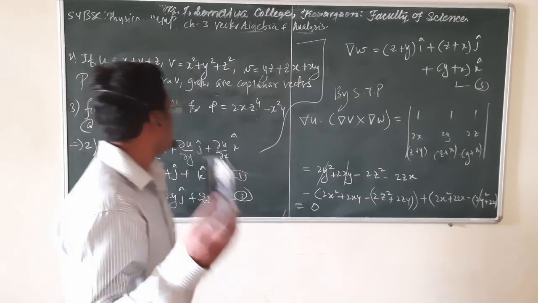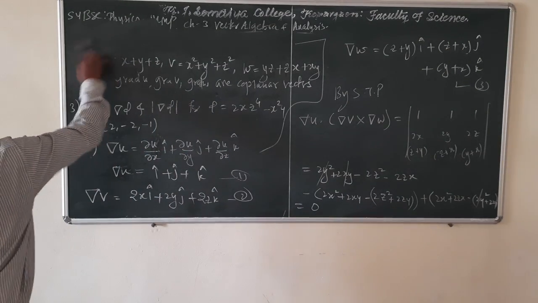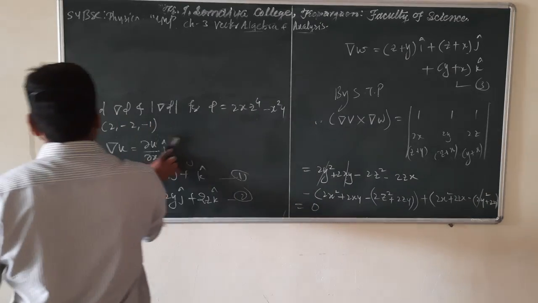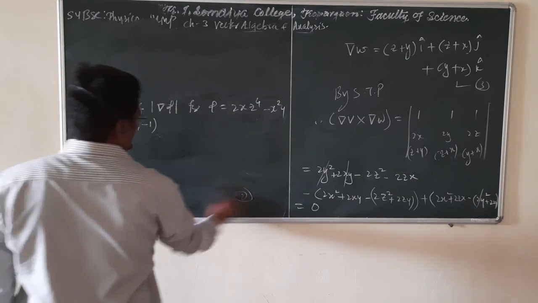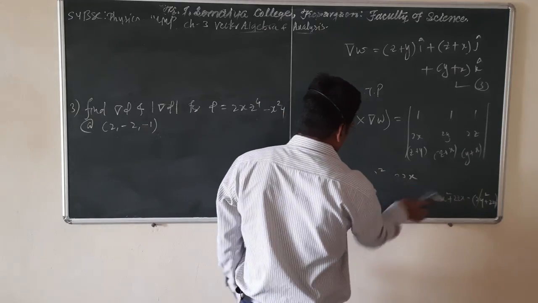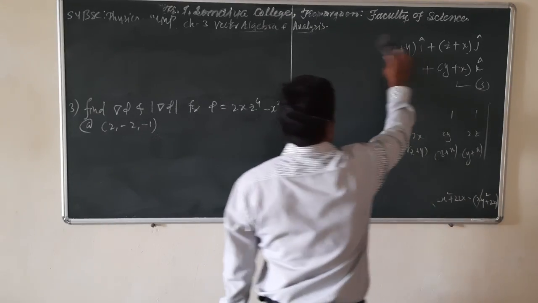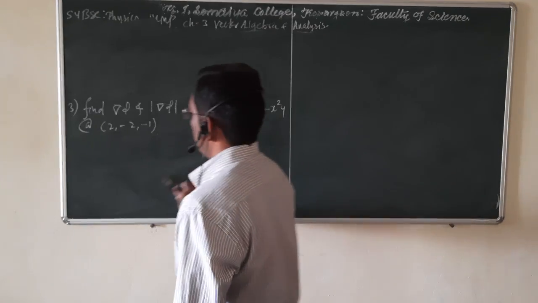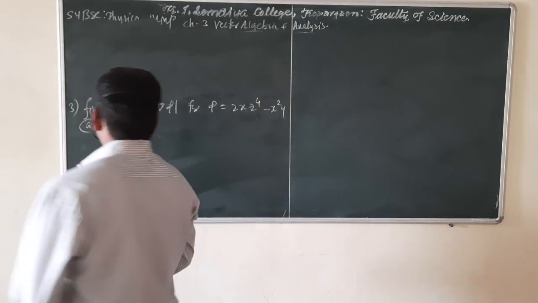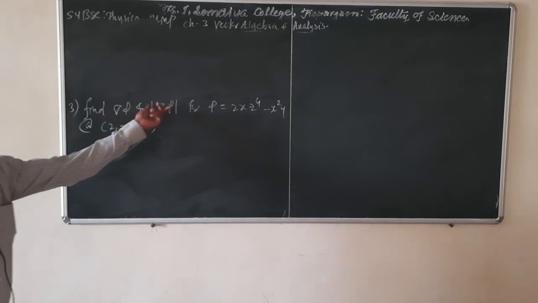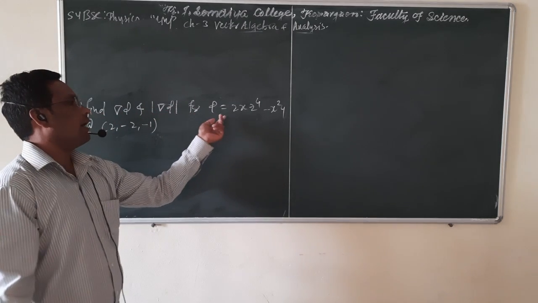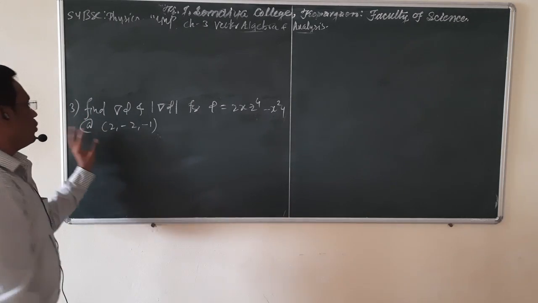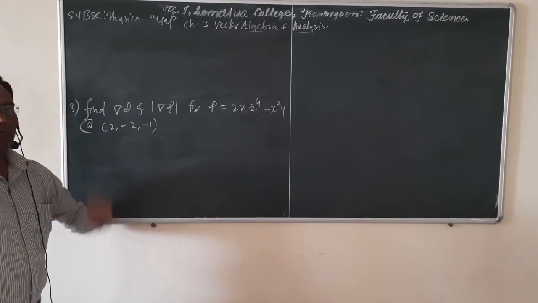Now the last problem, problem number 3. Find gradient of phi and magnitude of gradient of phi for phi equals 2xz raised to 4 minus x square y at the point 2, minus 2 and 1.